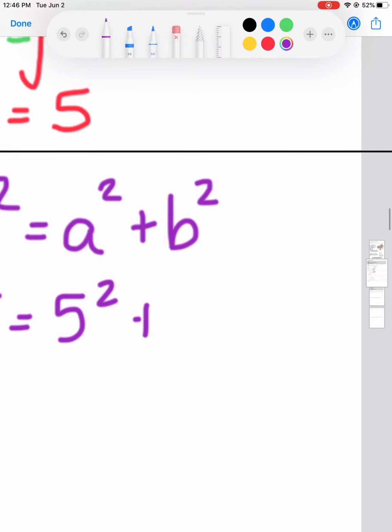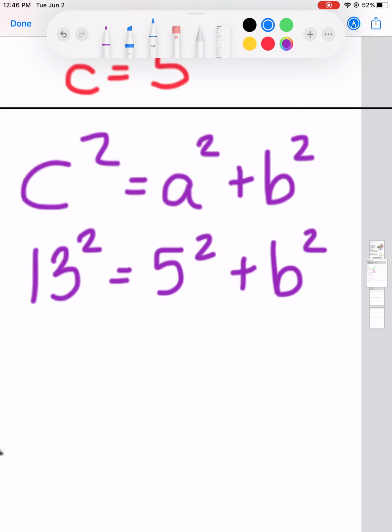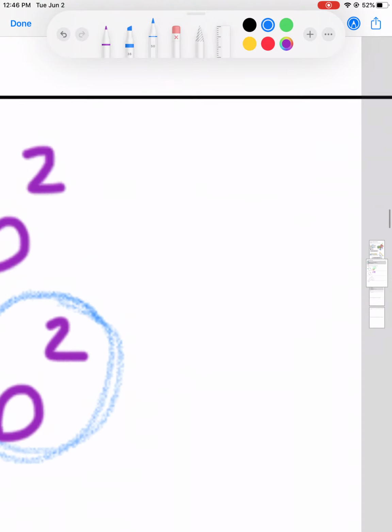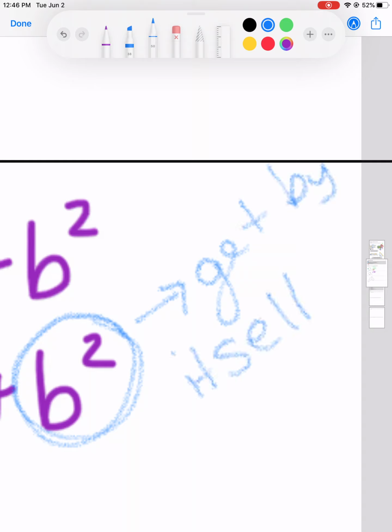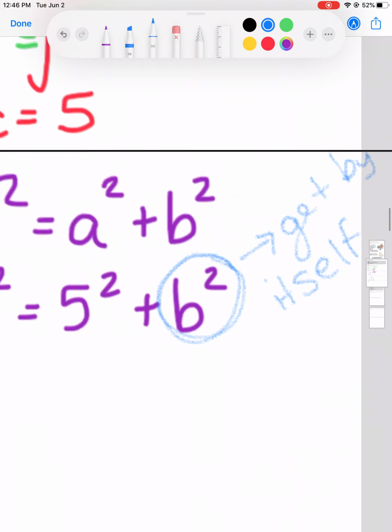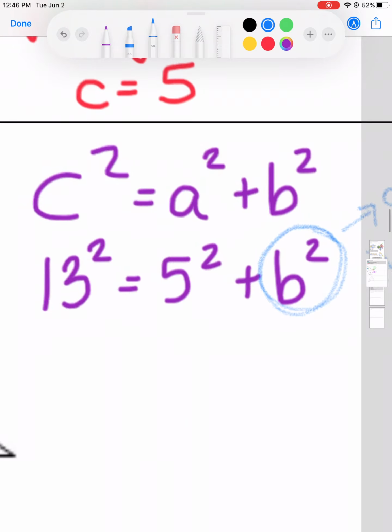So it's just going to be left as B. So what are we trying to isolate, or what are we solving for in this case? We're solving for B. So we need to get B by itself, right?